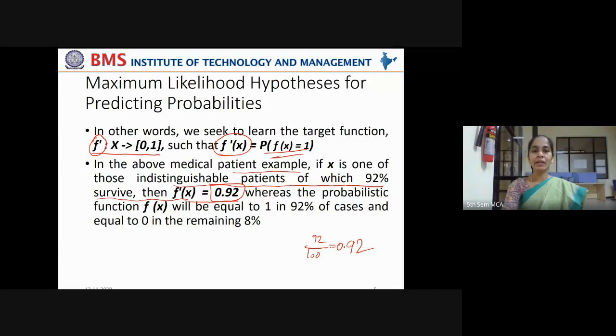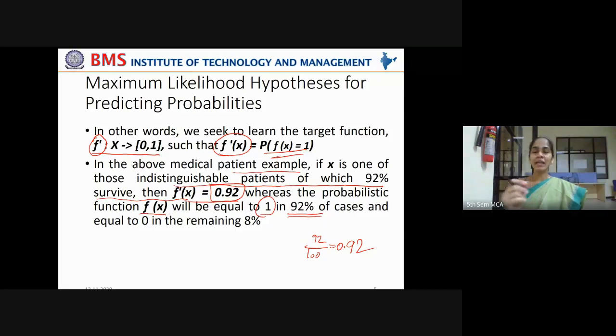Whereas the function f of x will be equal to 1 in 92% of the cases. That is actually what we wanted to represent with respect to probability.